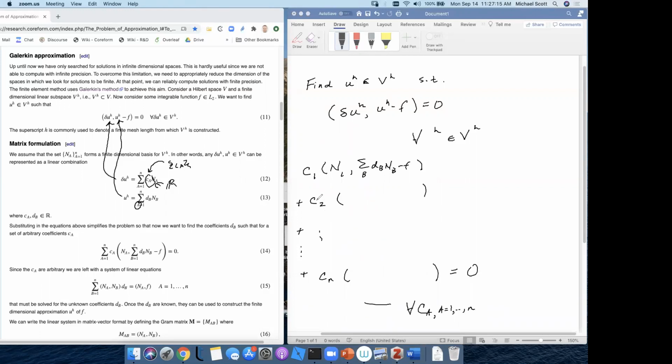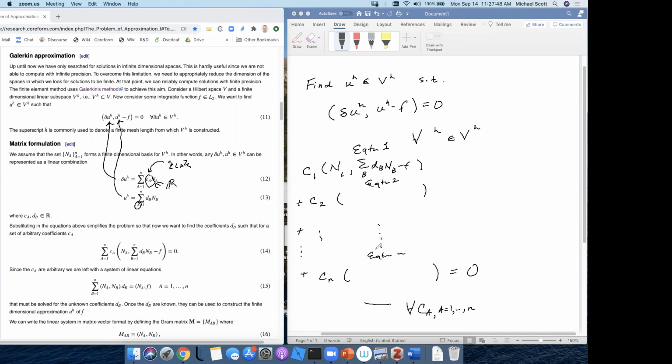C2 could be 0 or any other number, and so on down to Cn. Which means what? That, well, if this is non-zero, this better be 0, right? So you have equation 1. Here's your first equation that has to be satisfied. This equation has to be equal to 0. But so does this one. Here's equation 2. This one has to be equal to 0, all the way up to the nth equation has to be equal to 0.